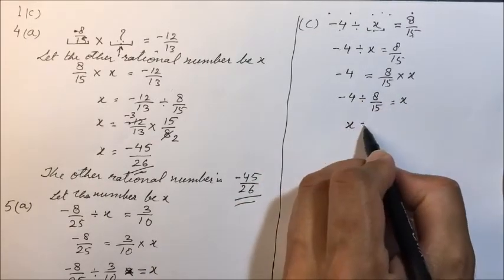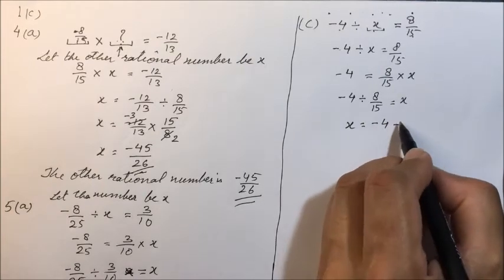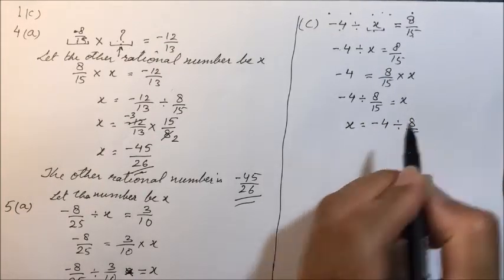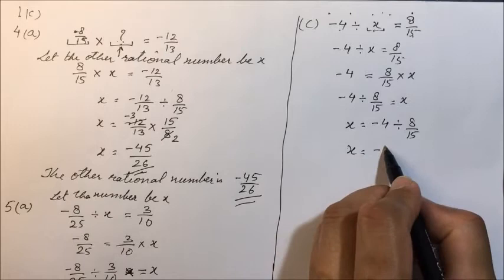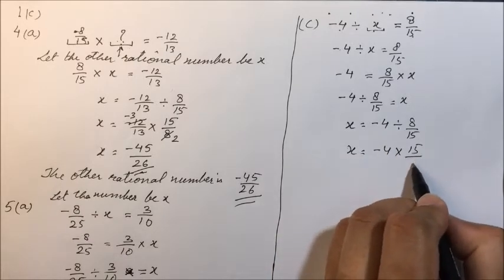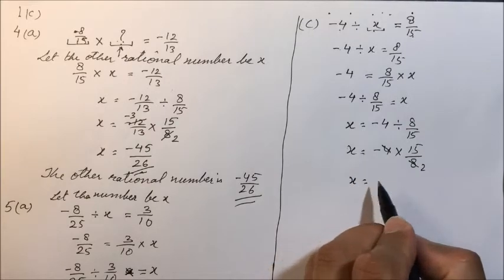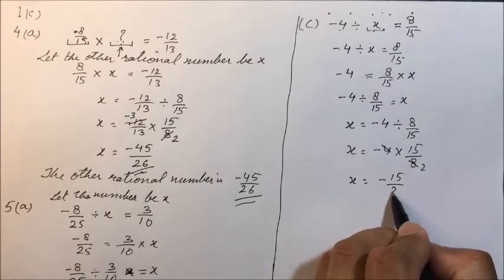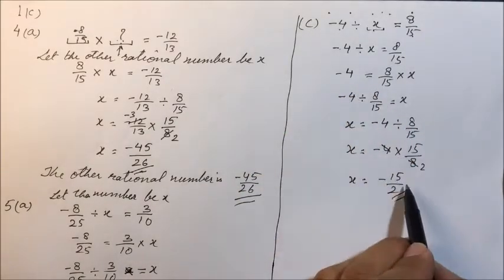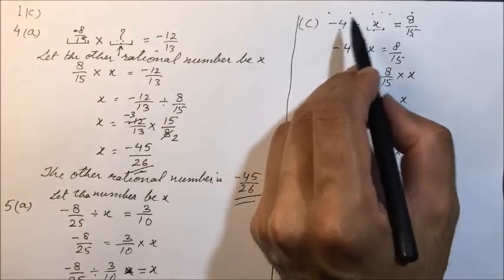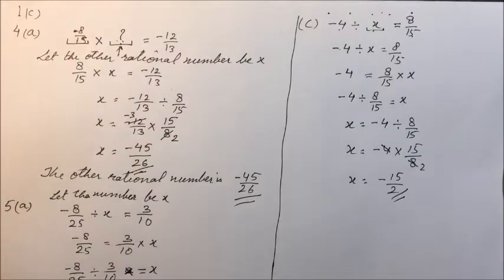So x equal to minus 4 into 15 upon 8, 4 2s are 8, x equal to minus 15 upon 2. So this is the number by which we will divide minus 4 to get 8 upon 15. Now pause the video and try to solve the sixth question yourself.